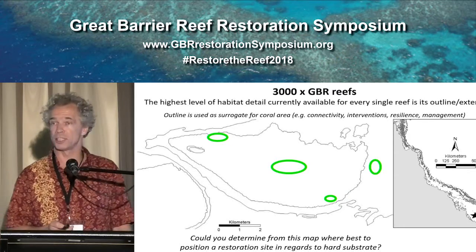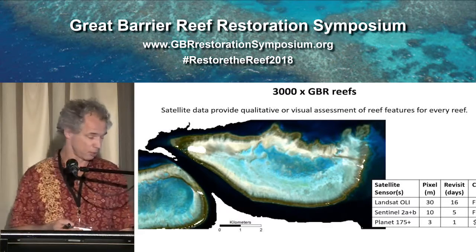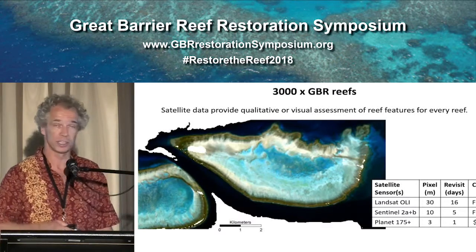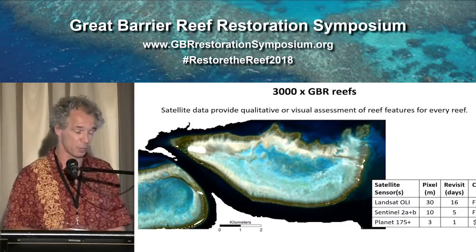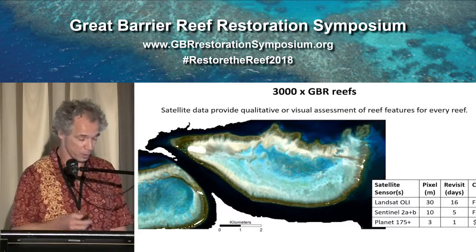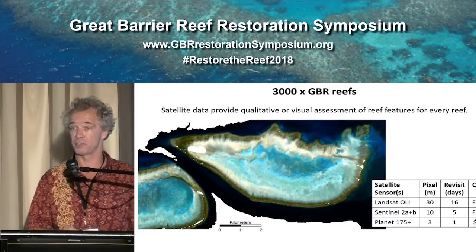If you then use the satellite images, and these days there are images from Landsat, Sentinel, and Planet available that cover the full extent of the Great Barrier Reef. Some at 30 meter pixels, others at 3 meter or 4 meter pixels. And some captured every 16 days, some captured every day.